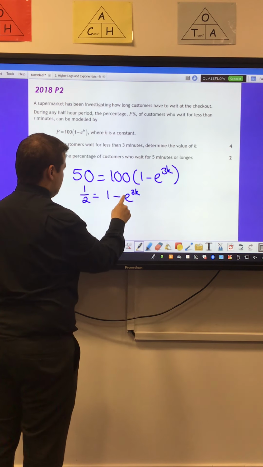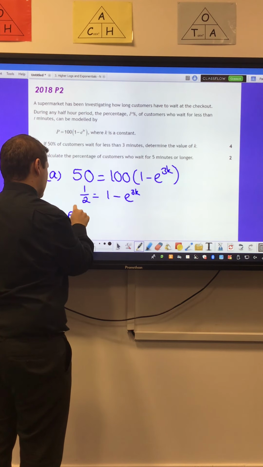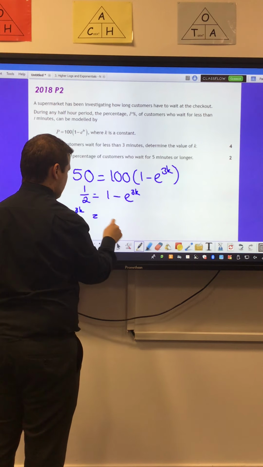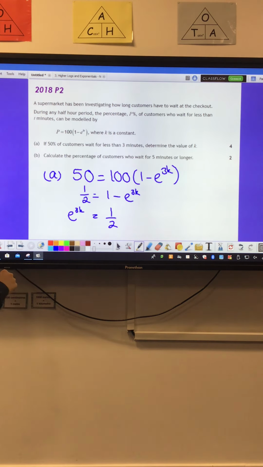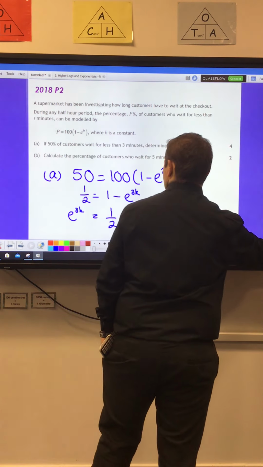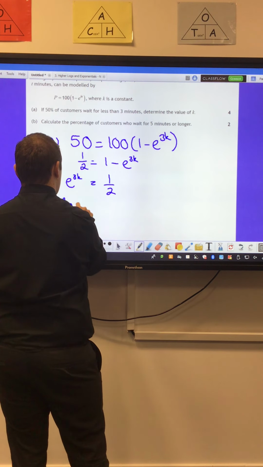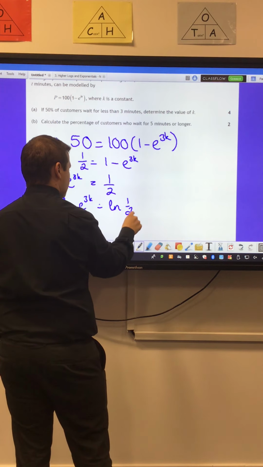I'm going to basically add e to the 3K to both sides, and I'm going to take off a half from both sides. So it's going to give me e to the 3K equals a half. Then natural log of both sides again, so that's going to give me ln e to the 3K equals ln of a half.